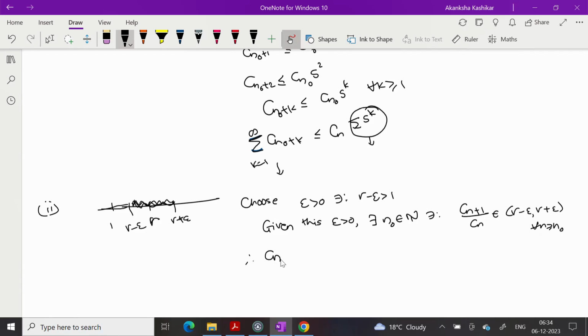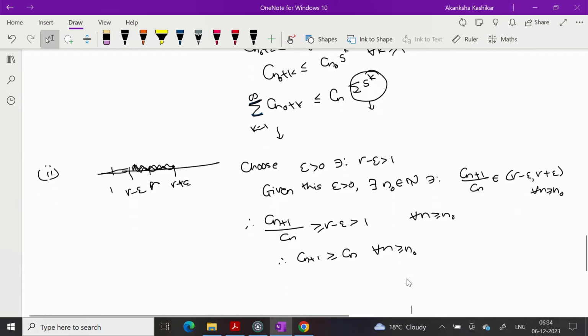Therefore, Cn plus 1 by Cn is larger than or equal to r minus epsilon for every n greater than or equal to n naught, and r minus epsilon is greater than 1. Therefore, Cn plus 1 is greater than or equal to Cn for every n greater than or equal to n naught.